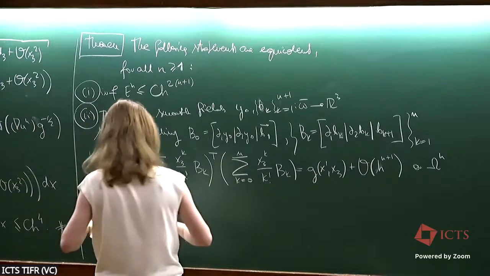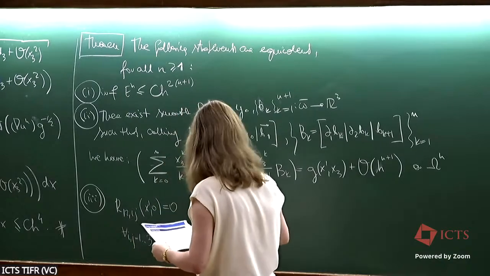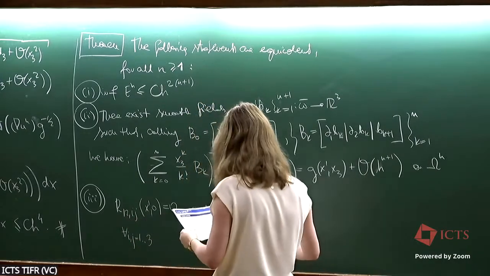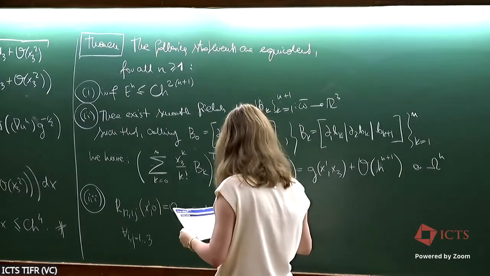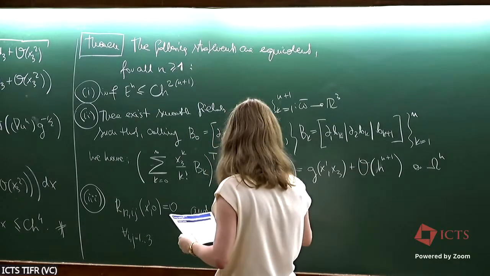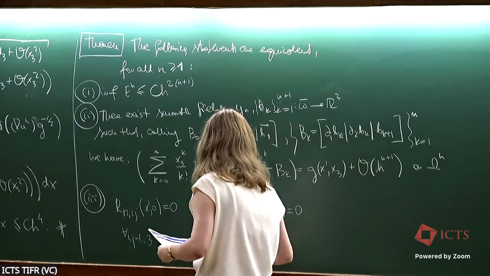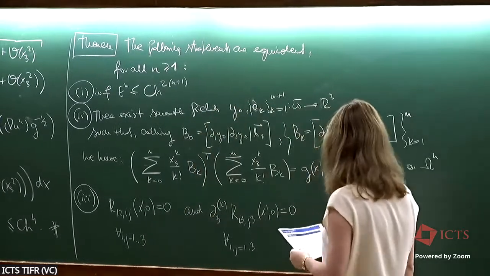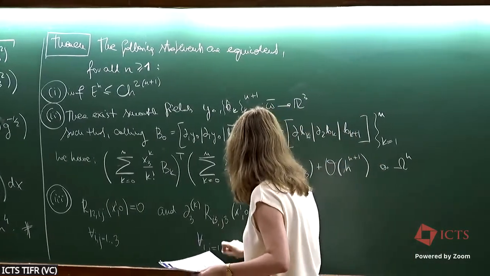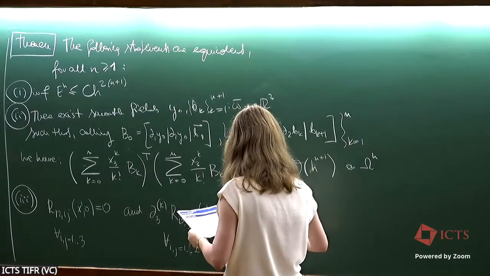But also, now I look at other R's, not just tangential on the first two coordinates: R_i3j3 at x prime 0 is 0 for every ij from 1 to 2, really, because I have 3 here, so it doesn't matter. For every k between 0 and n minus 2.